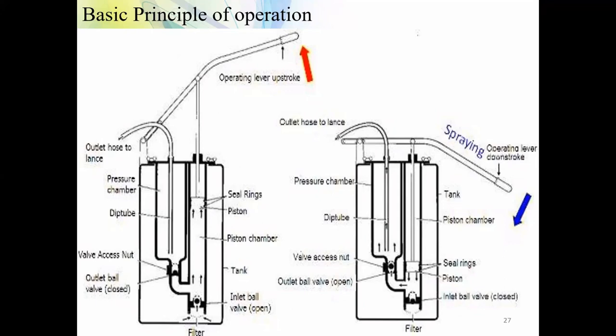The outlet valves open, so the liquid in the piston chamber flows into the pressure chamber. The pressure chamber is connected with the hose, lance, and finally the nozzle. And in the lance, we have the trigger valves where we can adjust the flow rate of the liquid flowing out.